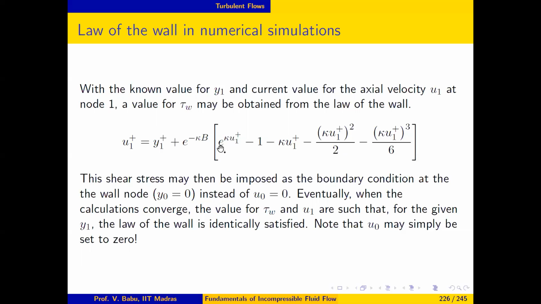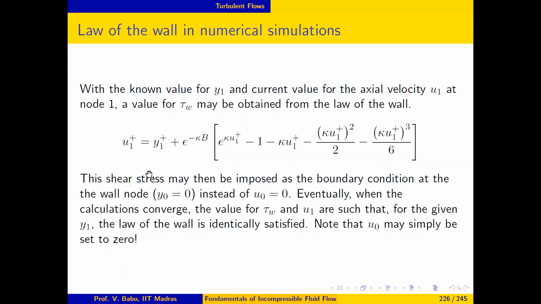In the next iteration, when I am going to update my velocity field, we apply this wall shear stress that we calculated from here as a boundary condition. Notice that velocity equal to 0 at y equal to 0 need not be imposed because that is automatically satisfied. So I have a current value for axial velocity, I know y1, and I evaluate the wall shear stress from this expression, u star and then wall shear stress.